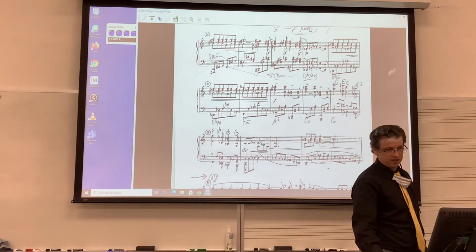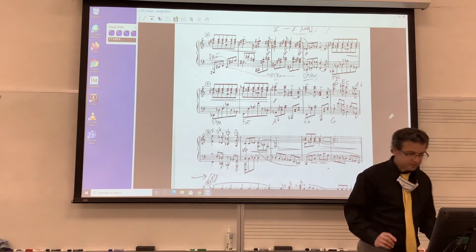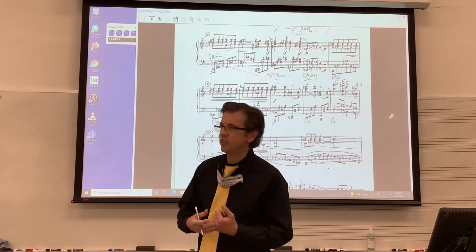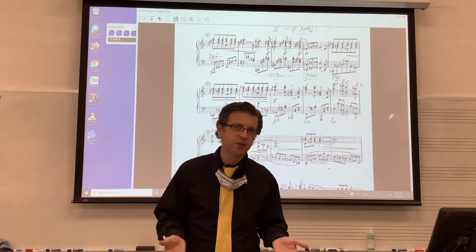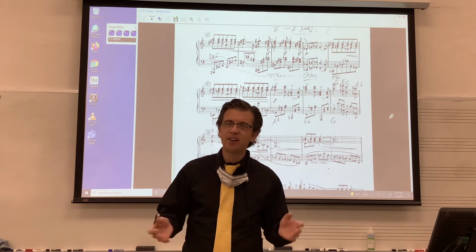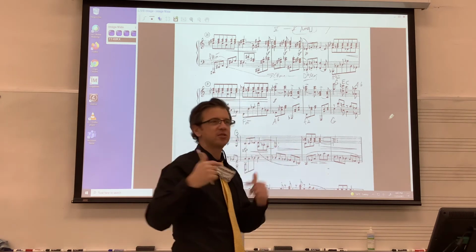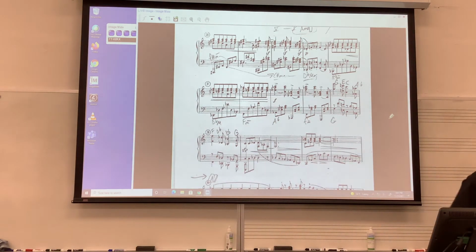Just constantly going by third. And that's sort of another trick of Brahms. For example, if you listen to the opening of his Fourth Symphony, the entire opening melody is all thirds. He just kind of moves them around in octaves, so sometimes it sounds like sixths. Brahms loves to move by third.